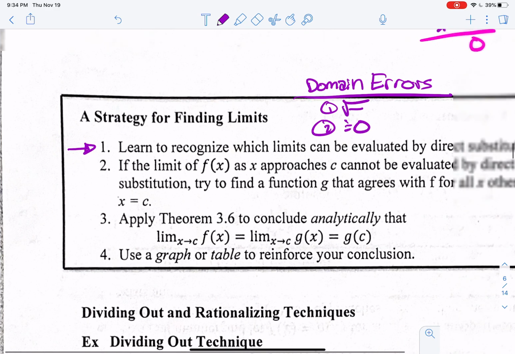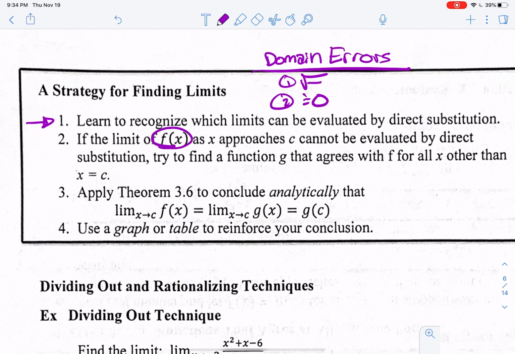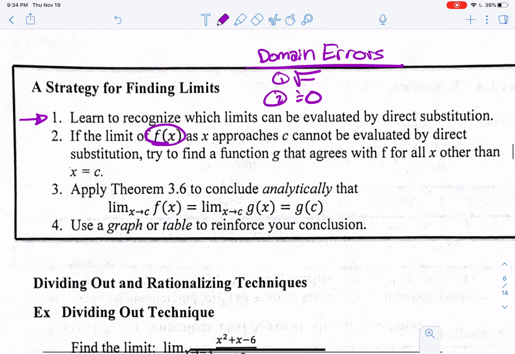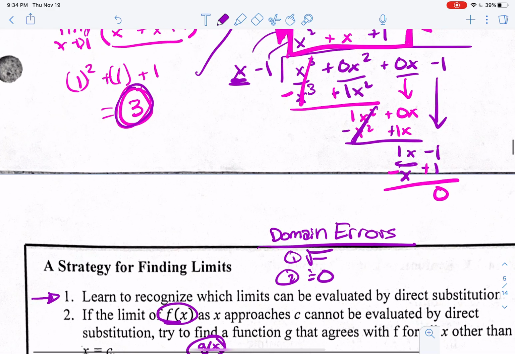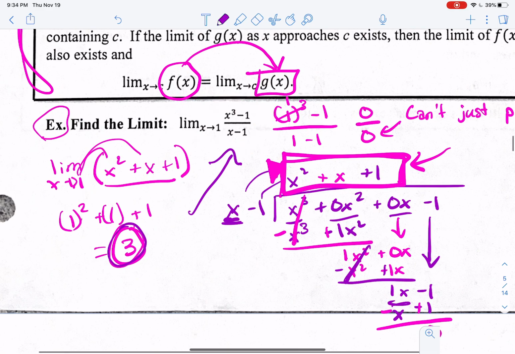Then they say if that fails, if you cannot directly substitute, you try to change f of x to some other function which we call g of x. So f of x up here was this function.